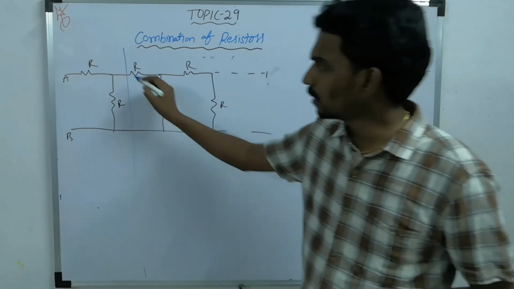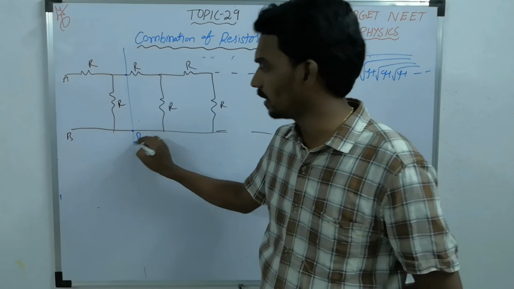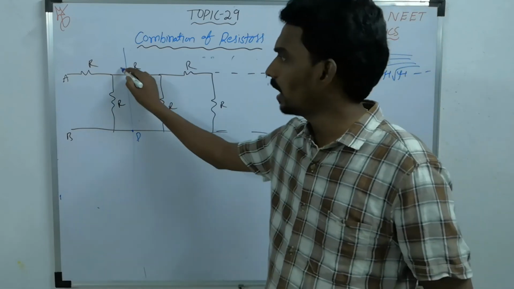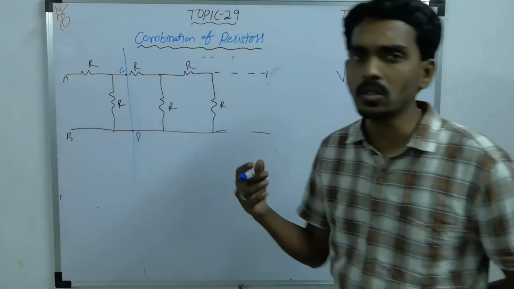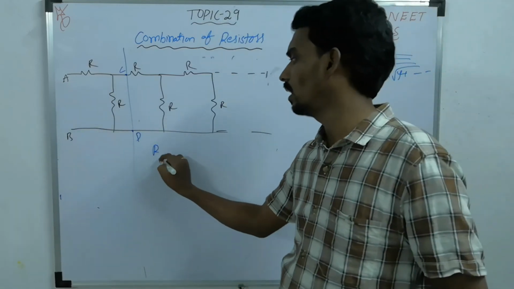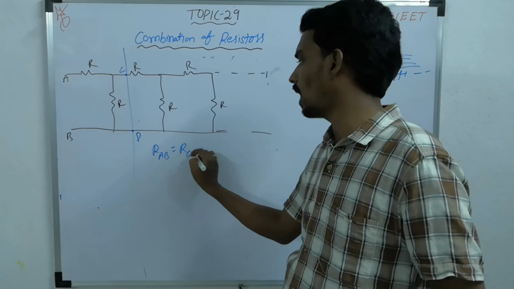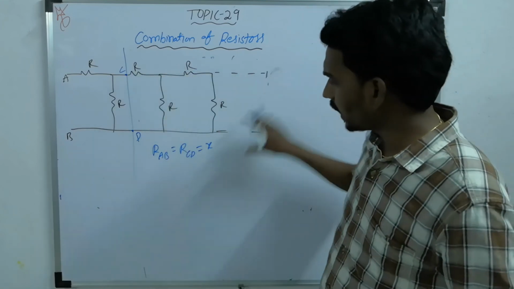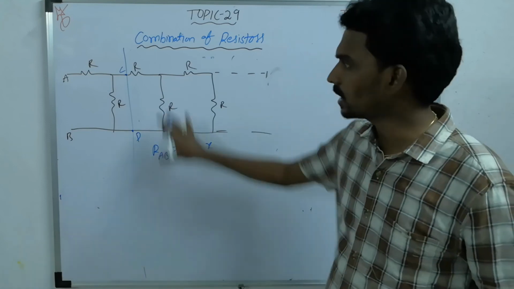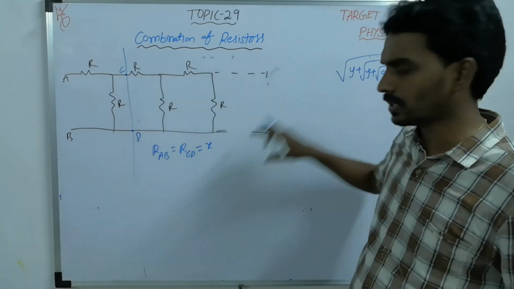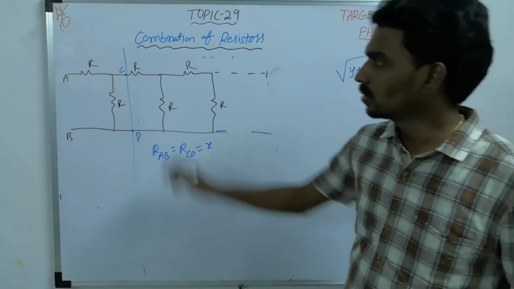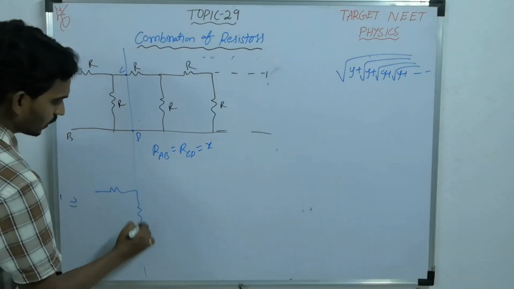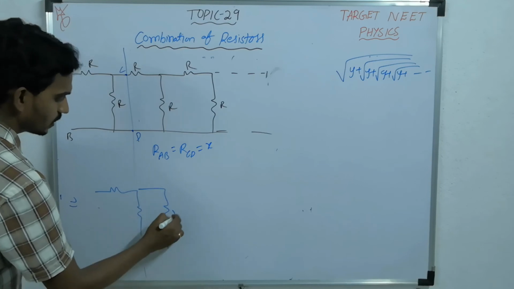That's why, if you consider this as C and D, the effective resistance between CD and between AB is almost the same. That's why we will take R between AB, and R between CD, let's take X. Then this whole thing I can replace with what? X, because the effective resistance between CD is X. So this big circuit I can make in a very simple way: this is X, this is R, and this is A, this is B.